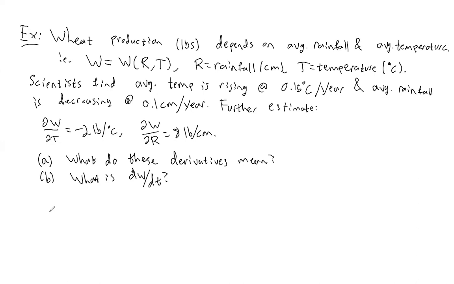So what do these derivatives actually mean? Well, del W del T is -2 pounds per degree Celsius.